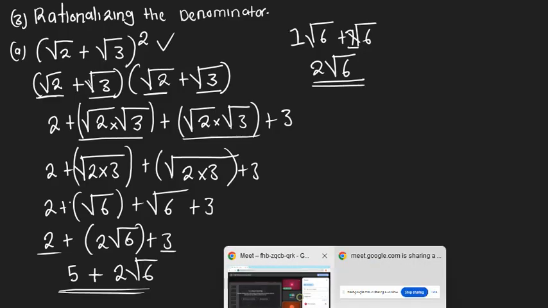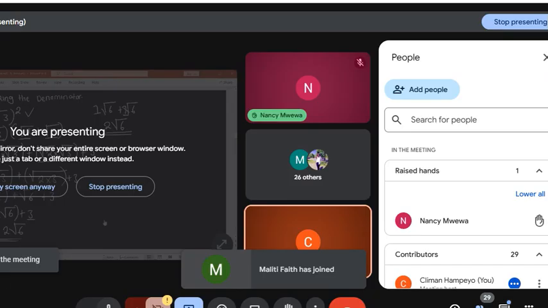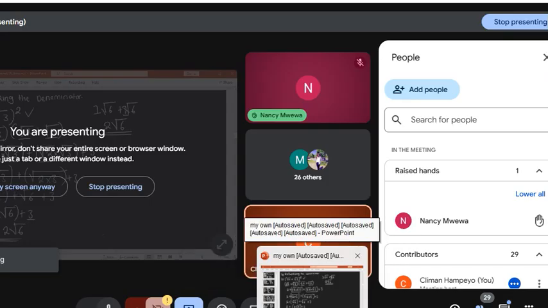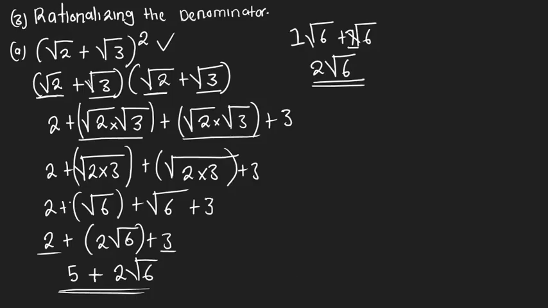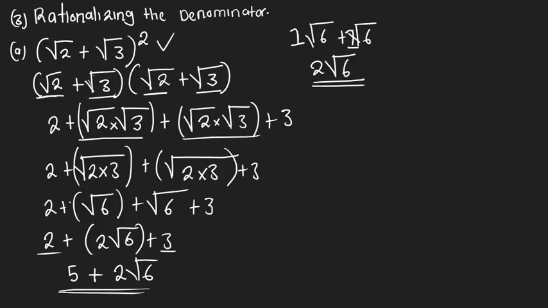Thumbs up if it's clear. All right, thank you. I just wanted to clear that one for the sake of revision.